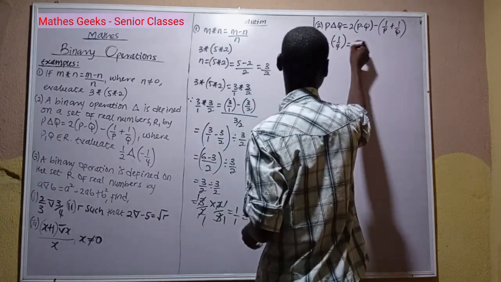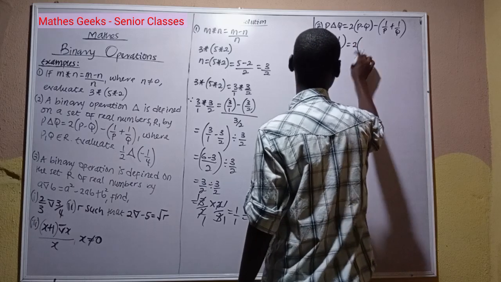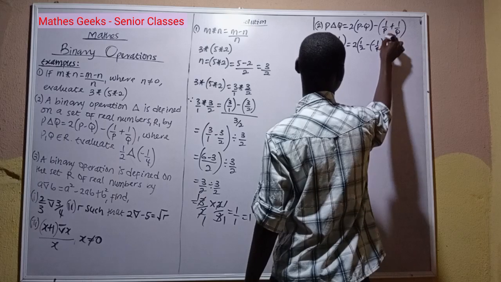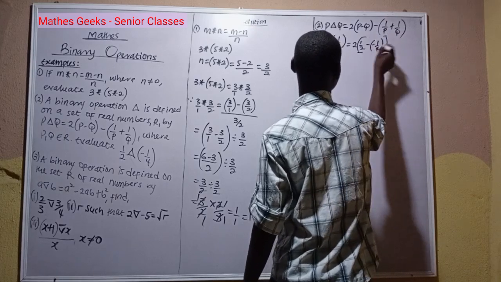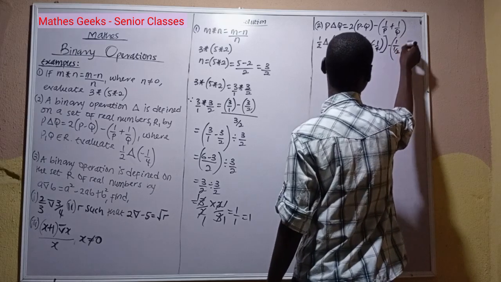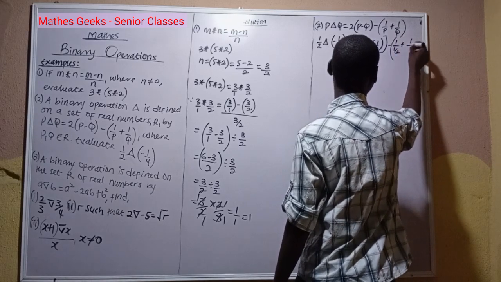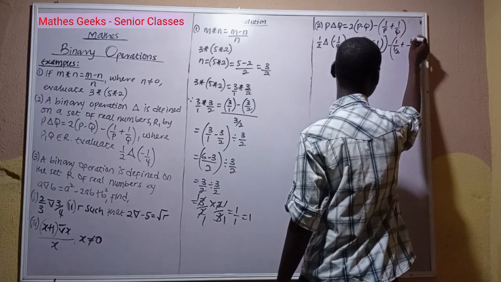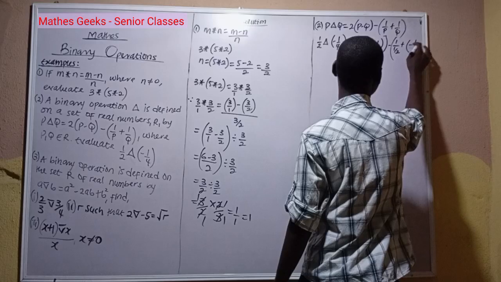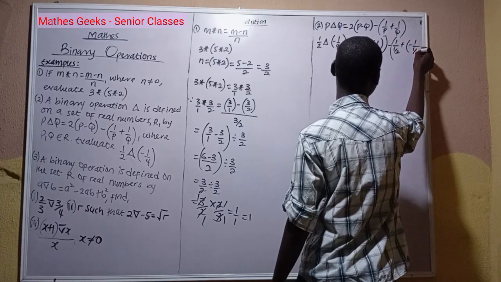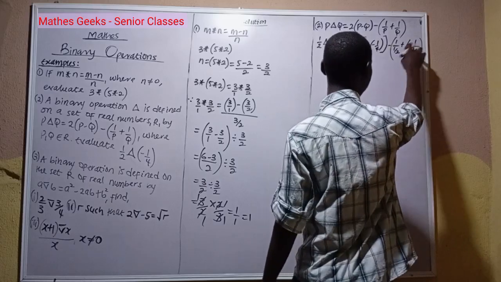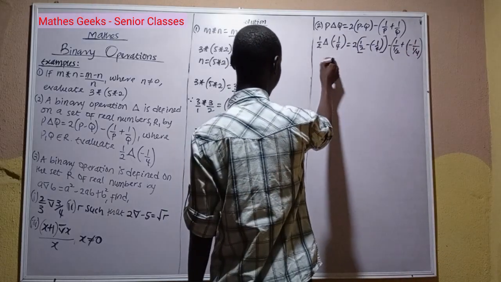Putting it into the equation, we're going to have 2 times 1 over 2 minus minus 1 over 4, minus 1 over 1 over 2, plus 1 over minus 1 over 4. Alright, okay, so let's go.